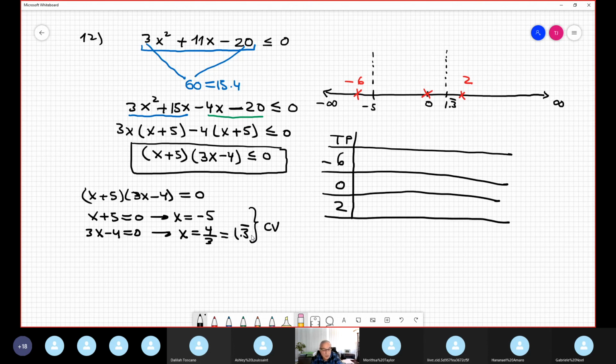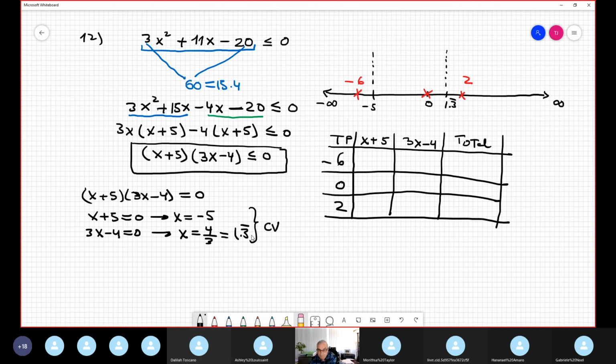And you evaluate into the factors. The factors are x plus 5, and 3x minus 4, and don't forget the last important column, which is the total column.